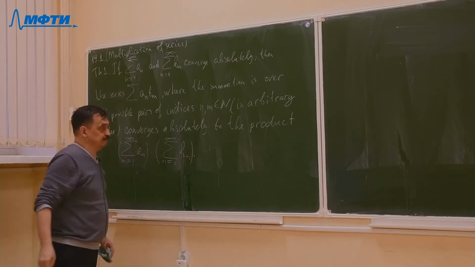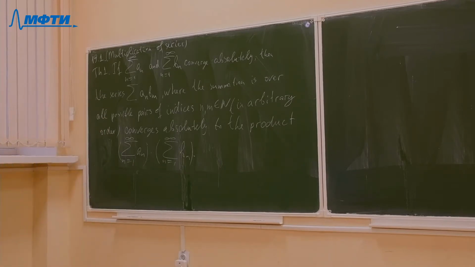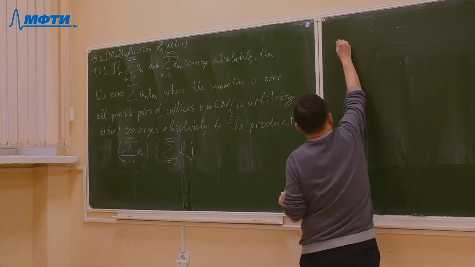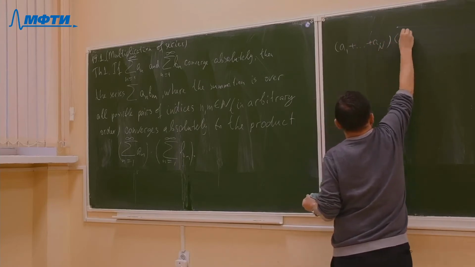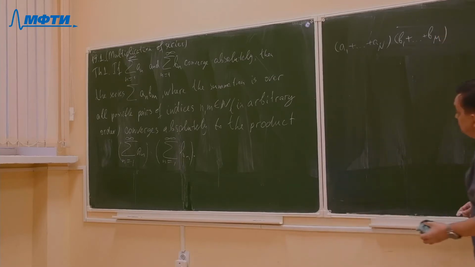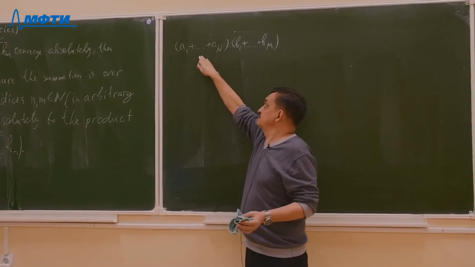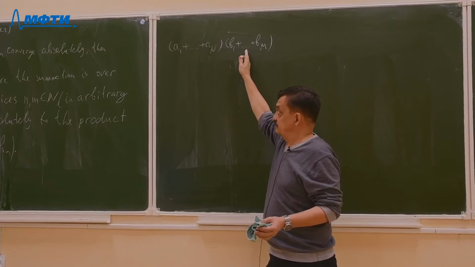So, let me explain what we are talking about. How do we multiply finite sums? We take products, so each term of the first sum is multiplied by each term of the second sum.